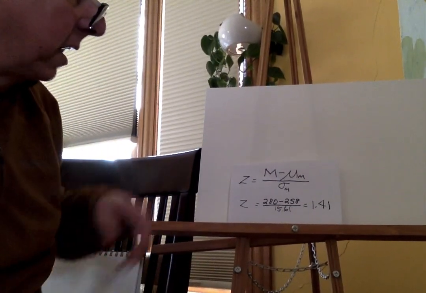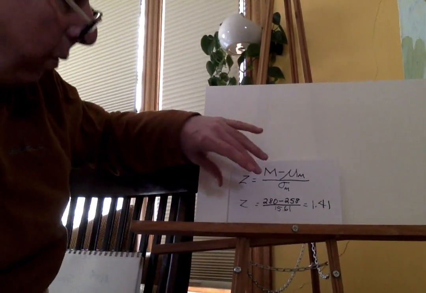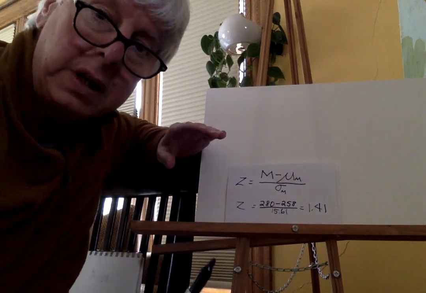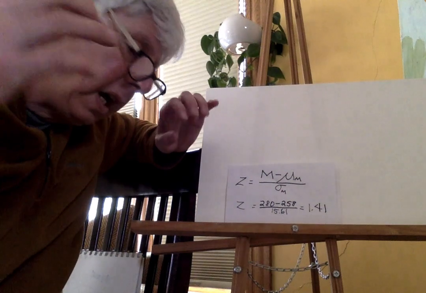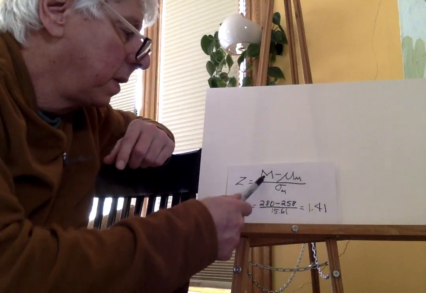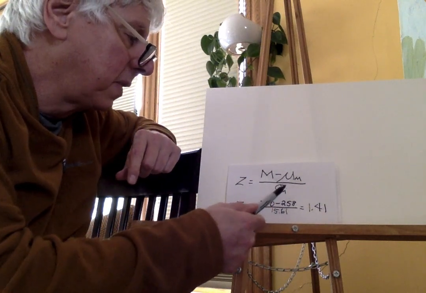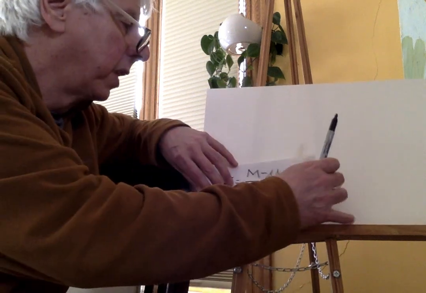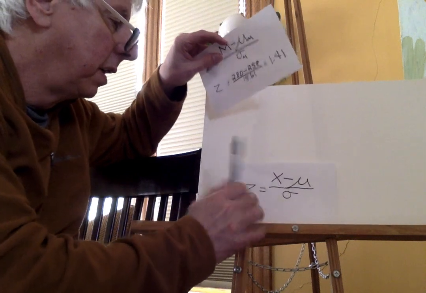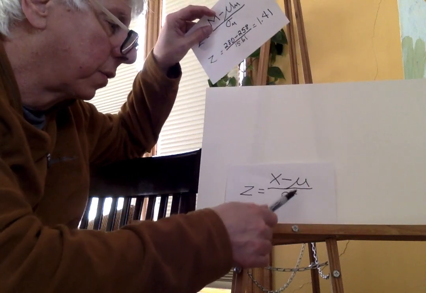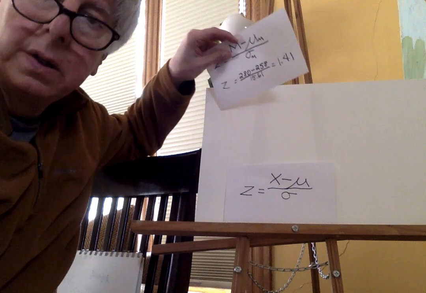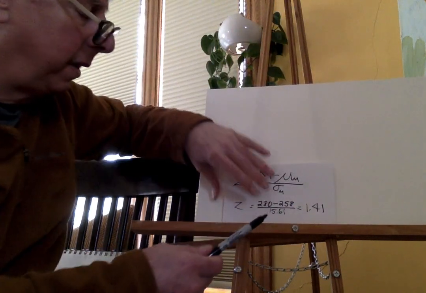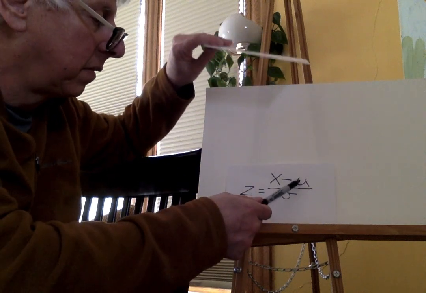By the way, the book erroneously, and I hope this doesn't confuse people, if you're looking at a sample mean, mean of all the sample means, standard deviation of all the sample means, it makes sense. If we're looking at individuals, individual score, mean of individuals, standard deviation of individuals. Everybody good? The book erroneously puts this value here.